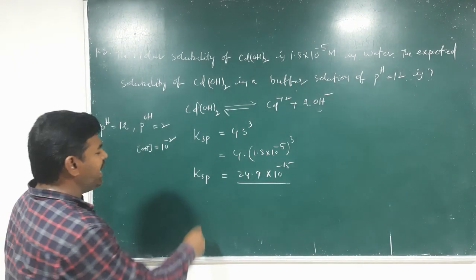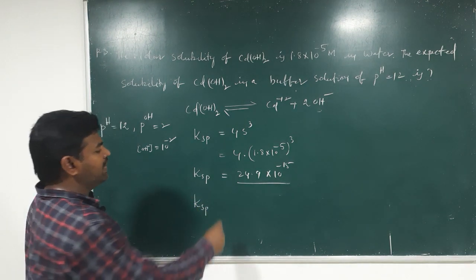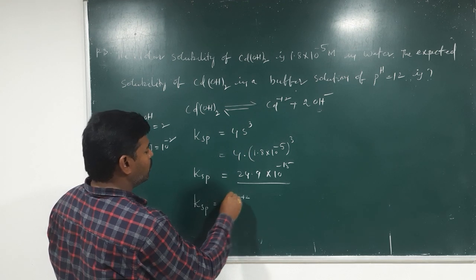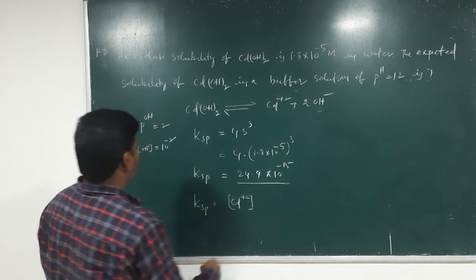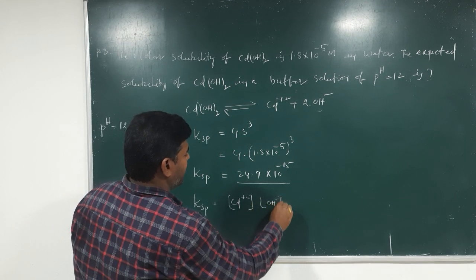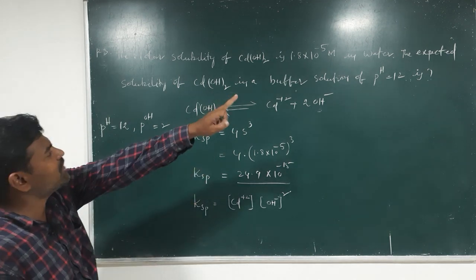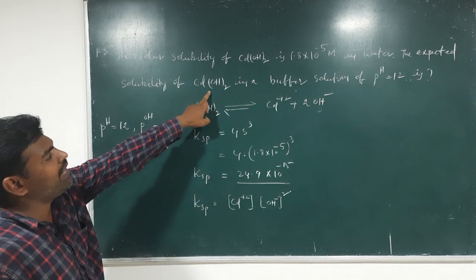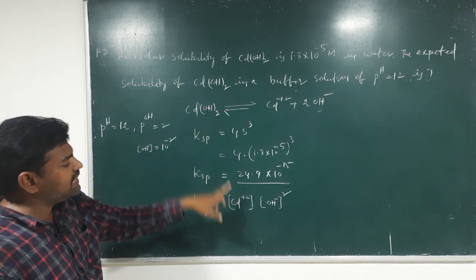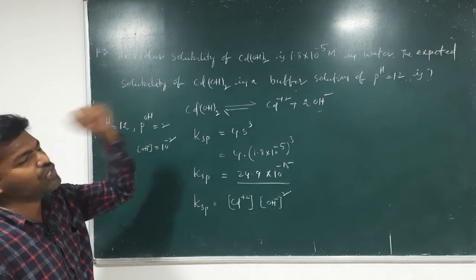So Ksp is equal to, let us write the solubility product, concentration of cadmium plus 2 into concentration of OH minus squared. They asked to calculate the expected solubility of cadmium hydroxide, that is the Cd plus 2 ion concentration.